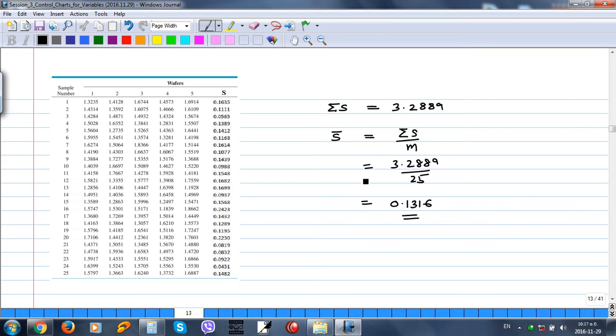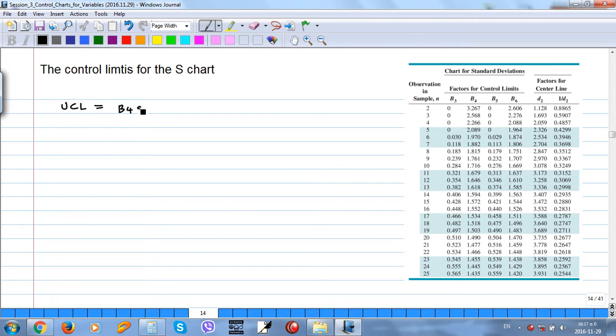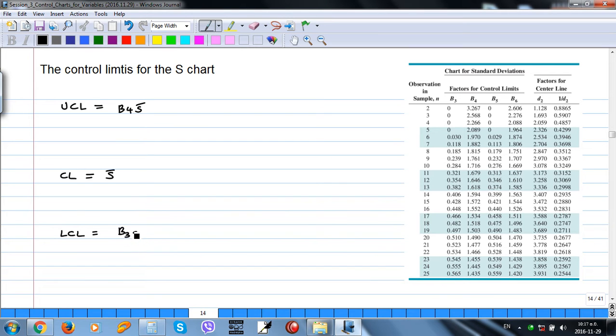Now you can write the control limits for the s bar chart. Earlier I mentioned upper control limit equals b4 s bar, center line equals s bar, and lower control limit equals b3 s bar.